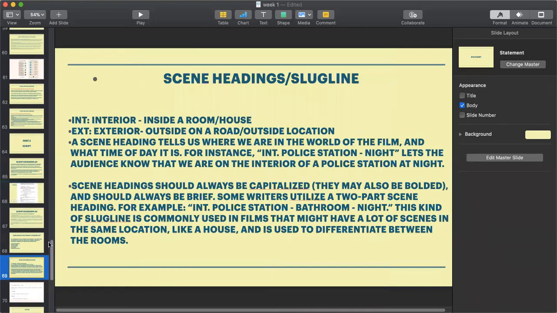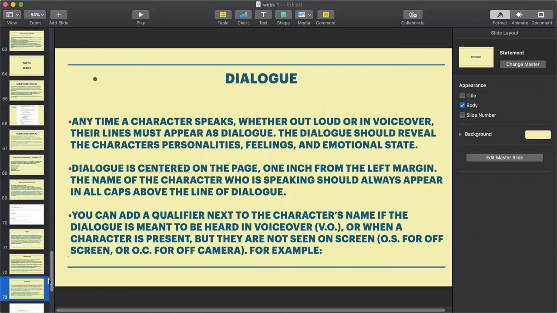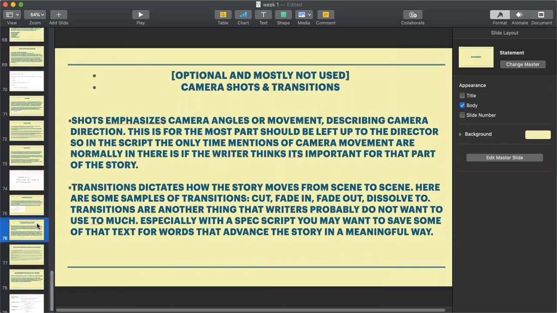It depends on the script writer, but mostly camera shots and camera angles are not mentioned in the script too much. Most scripts contain some camera shots or transitions, but not too much, because this is not the job of the script writer.